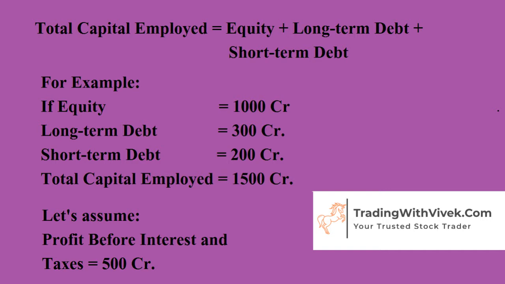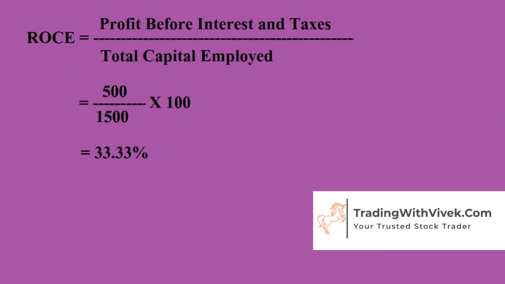For example, if equity is 1000 crore, long term debt is 300 crore and short term debt is 200 crore, then total capital employed would be 1000 plus 300 plus 200, equal to 1500 crore. And if the profit before interest and tax is equal to 500 crore, we will divide 500 crore by 1500 crore and multiply by 100. So return on capital employed in this case would be 33.33%.